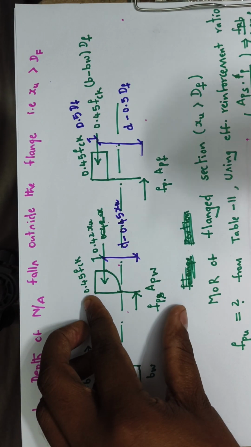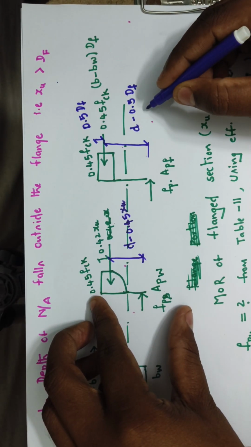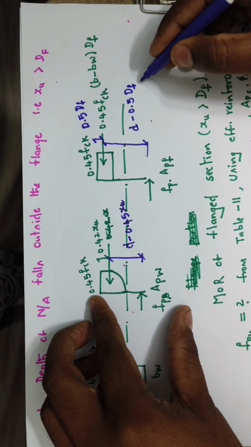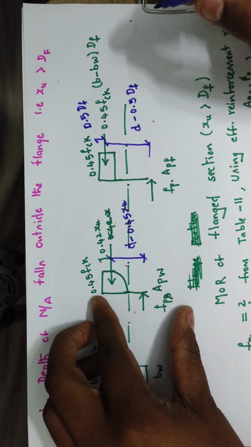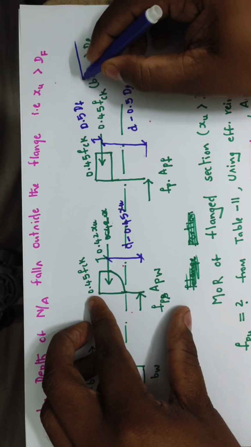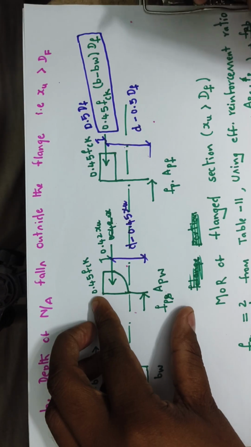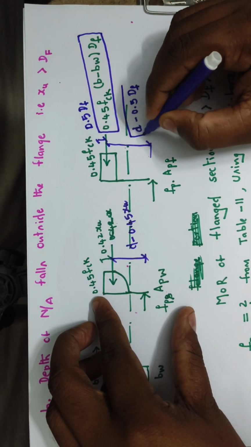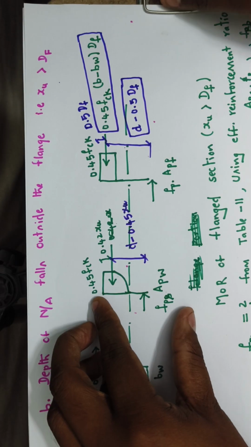But in the new stress block diagram, the lever arm is d minus 0.5 times the depth of the flange. Now we need to remember this equation and this lever arm equation.